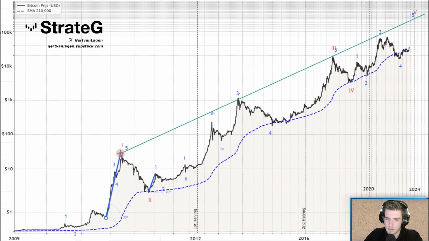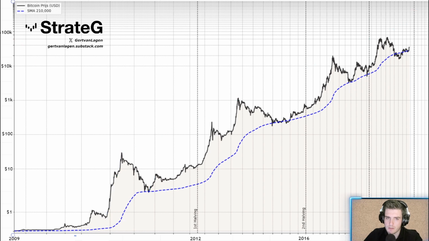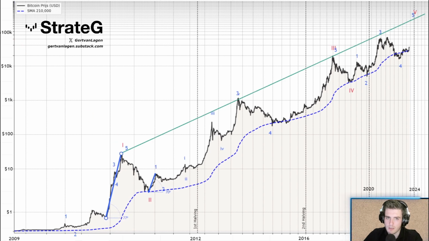So basically here, 17.7 degrees. Let me lock this here. Then we have here another blow off, 79 degrees. We have here a steep ascent, 76. Here from the first move up, 74. Then the COVID dip all the way to the top, 73.